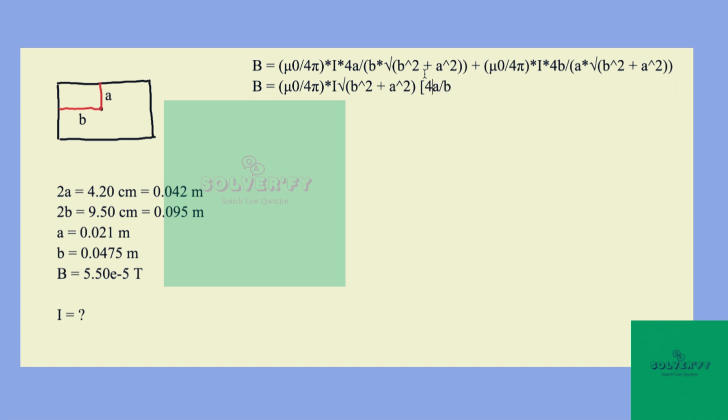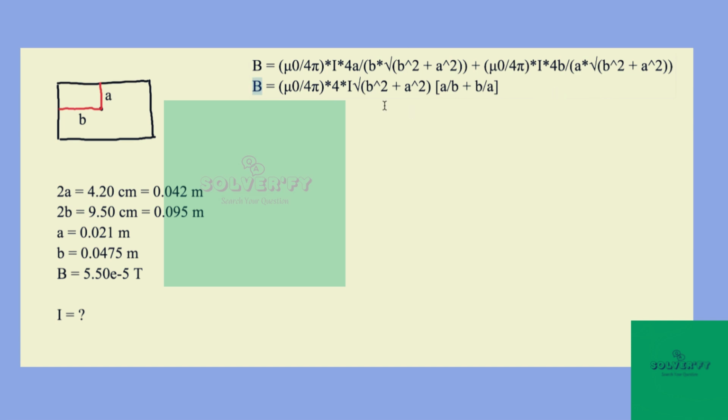Actually, we can pull the factor of 4 out too, because there's a 4 in each of these. So we'll have 4 times I. So we have a over b here, and then we'll be left with b over a from this term. So this is what we end up with at the end, simplifying this whole equation.